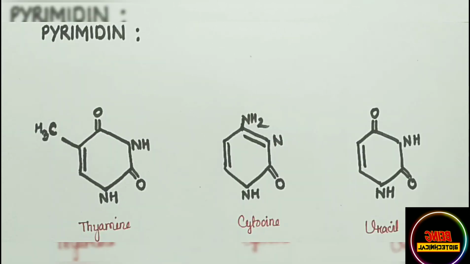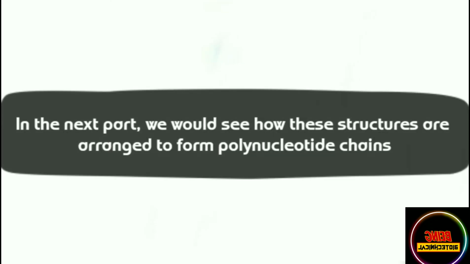With this, part 2 of this series, structural basics of DNA and RNA, has ended. In part 3, we would discuss how these structures are arranged among themselves to form DNA and RNA.